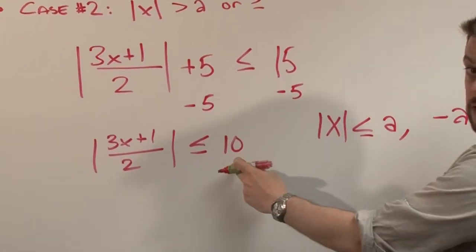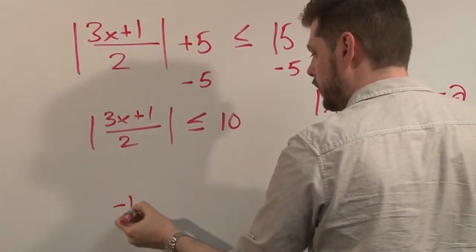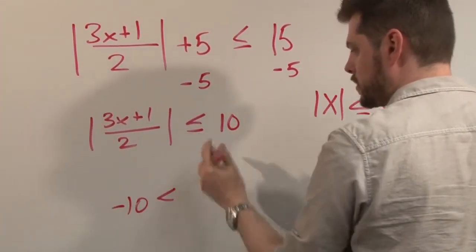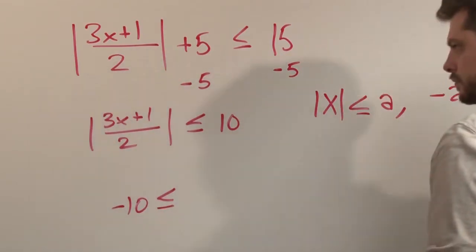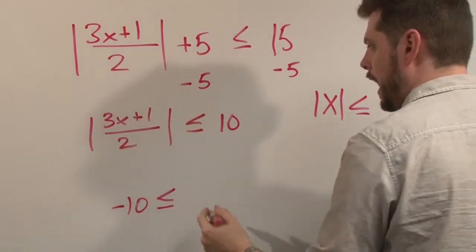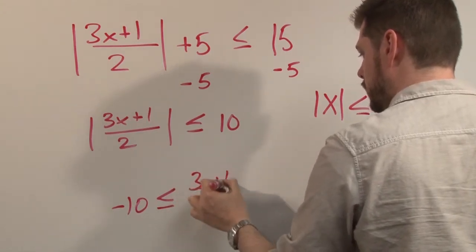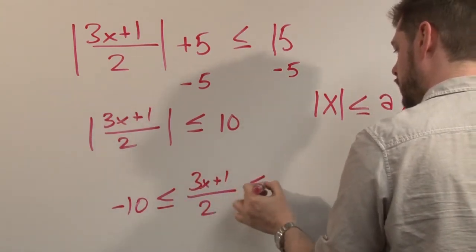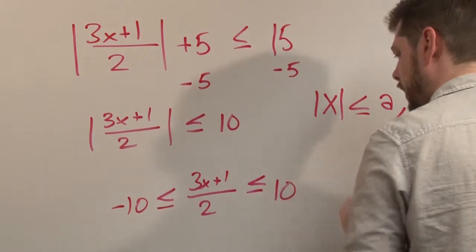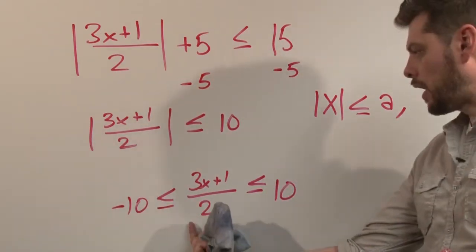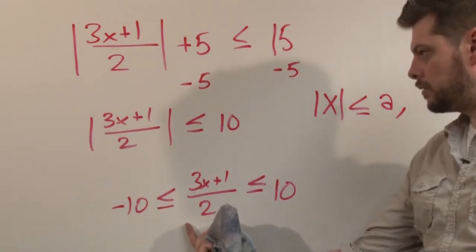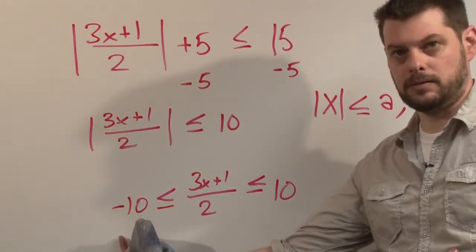So negative 10 will be on the left, and we keep our signs facing the same direction. And now we can drop our absolute value sign. And we get our quantity is between negative 10 and 10.